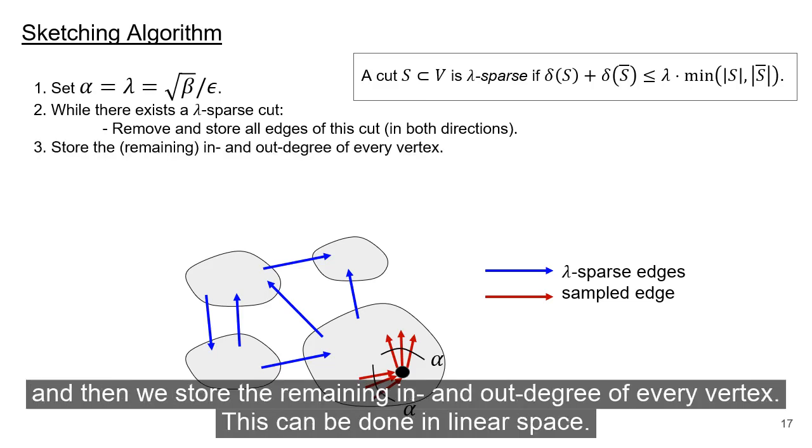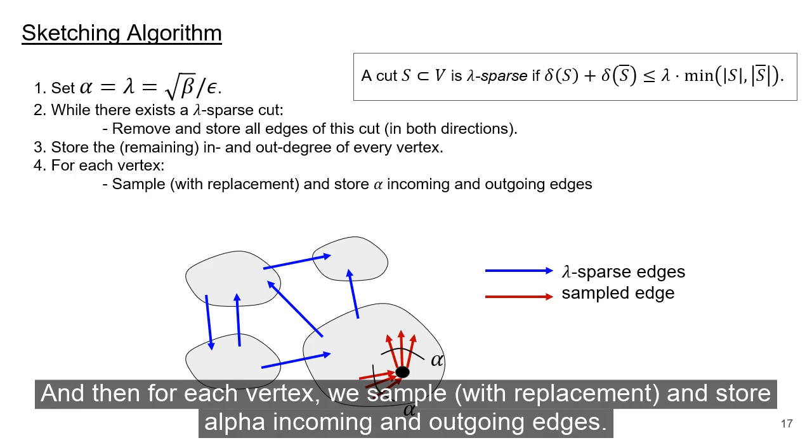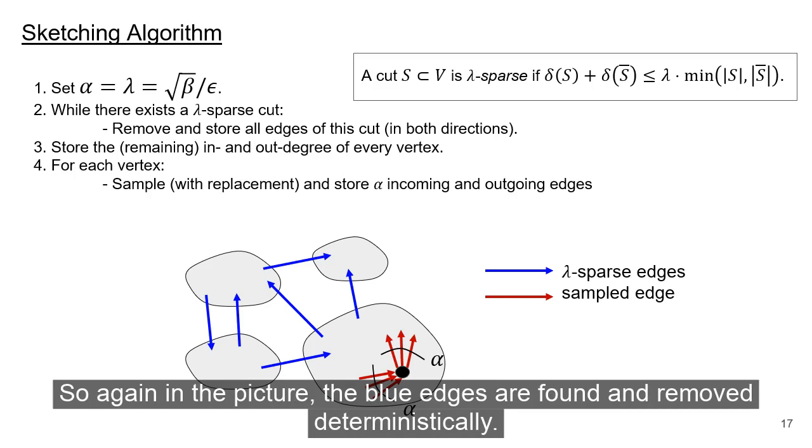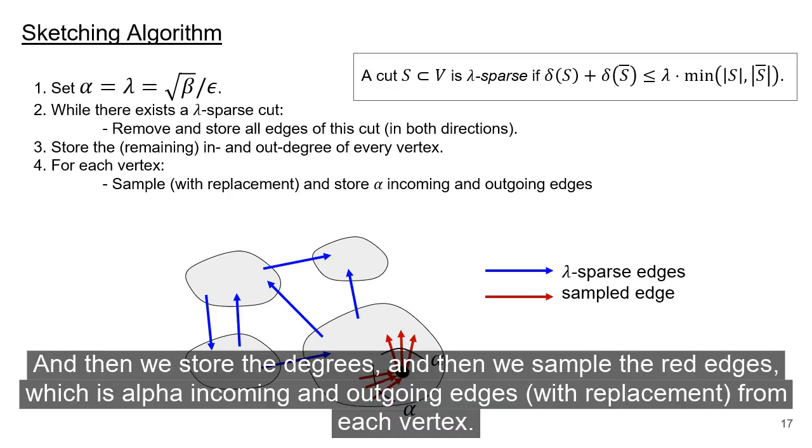Then we store the remaining in and out degree of every vertex, which can be done in linear space. For each vertex, we sample with replacement and store alpha incoming and outgoing edges. Again, in the picture, the blue edges are found, removed and stored deterministically, then we store the degrees, and then we sample the red edges, which are alpha incoming and outgoing edges with replacement from each vertex.